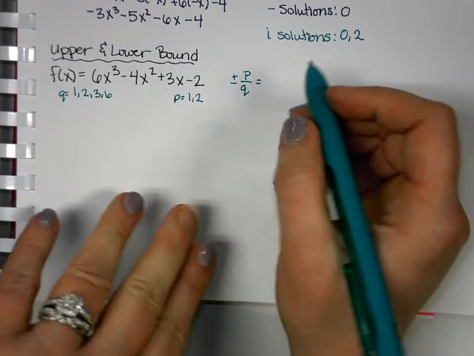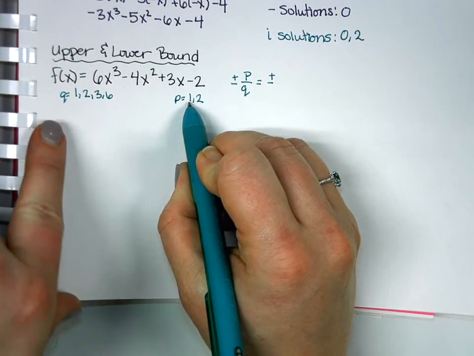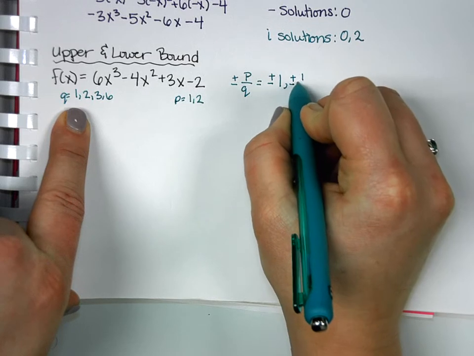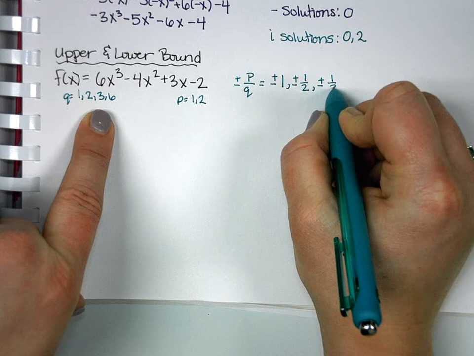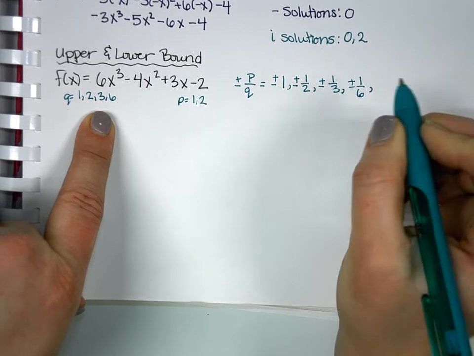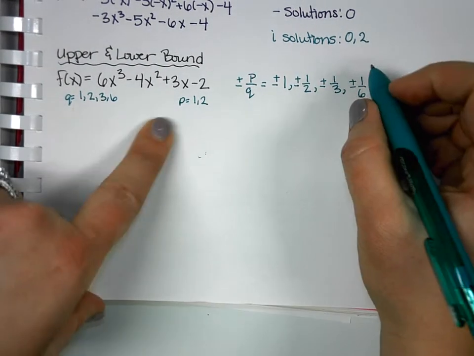When we go to write, we'll have plus or minus 1 over 1, 1 over 2, 1 over 3, and 1 over 6. That was me just putting 1 on top of all 4 of these. Now I'm going to do the same thing with 2.